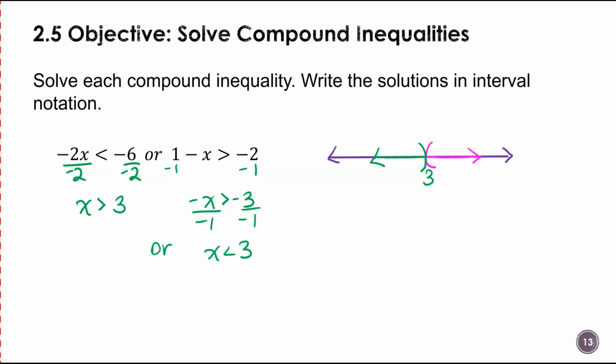Because it's greater than 3 and less than 3, but 3 is not included. So we have to write our interval based on that. Negative infinity to 3, not included. Union 3 to infinity. So here's how we say all real numbers except 3. Right? 3 is the only real number that is not in our solution set. All right, so that's it for this lesson.